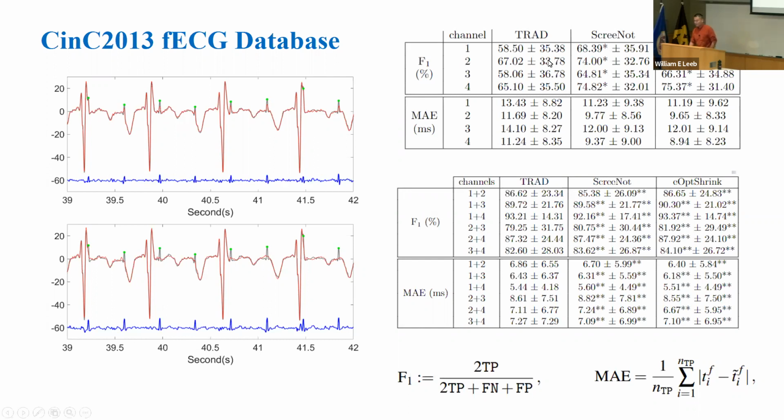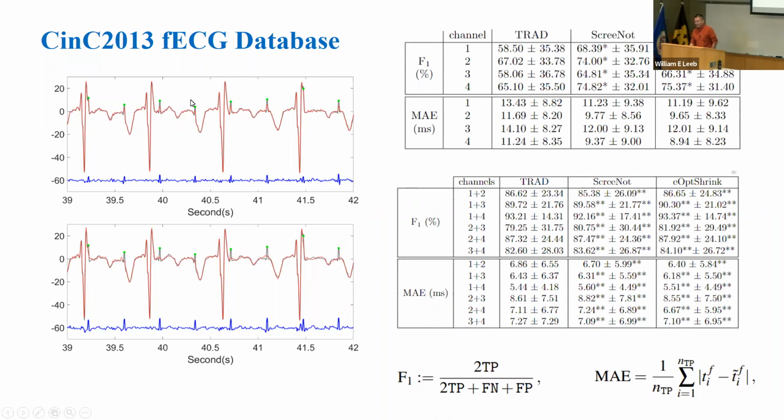And then we also calculate how accurately we can estimate the location of the fetus using our algorithm and using the TREAD. TREAD means the traditional method using optimal shrinkage based on white noise. Also, we use the screen knot to have a reconstruction of the fetal ECG.